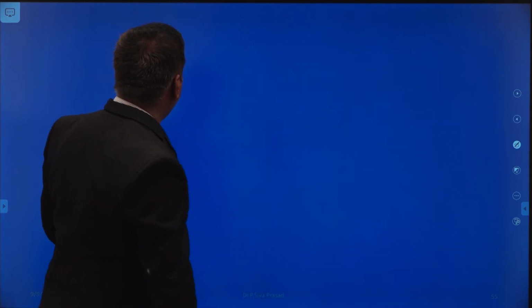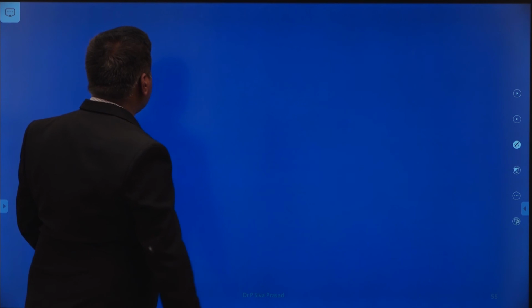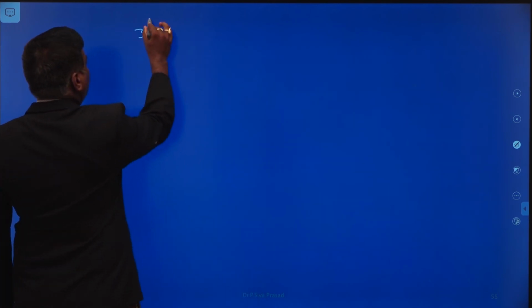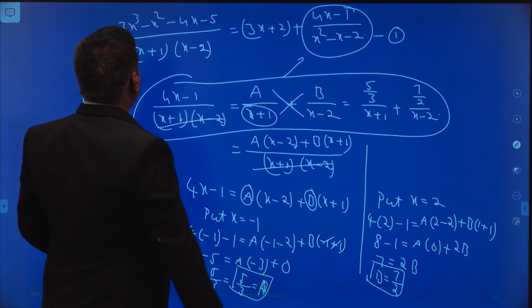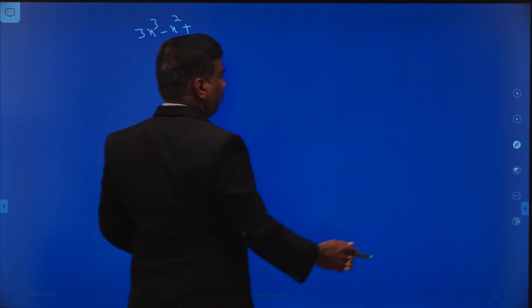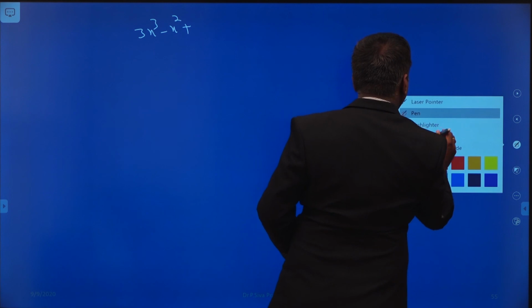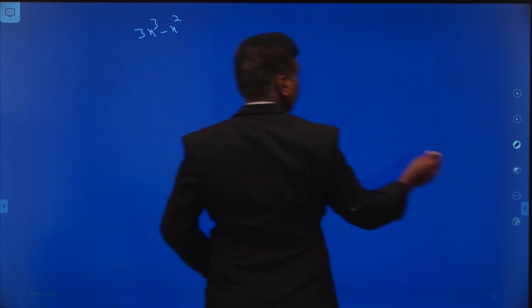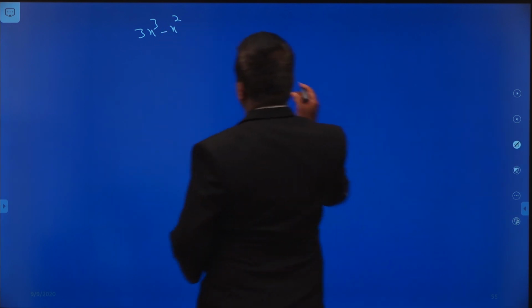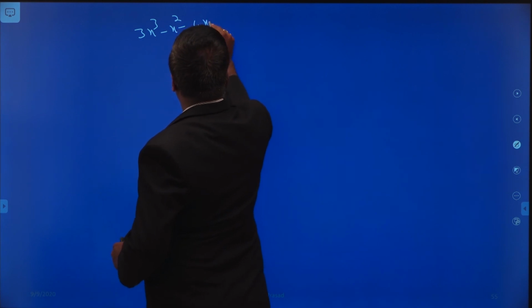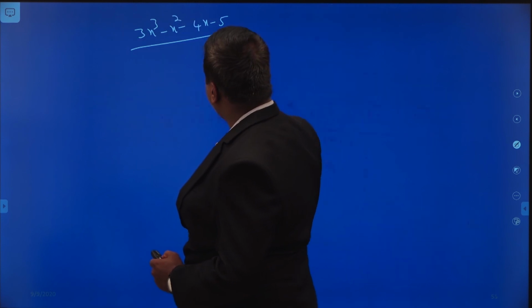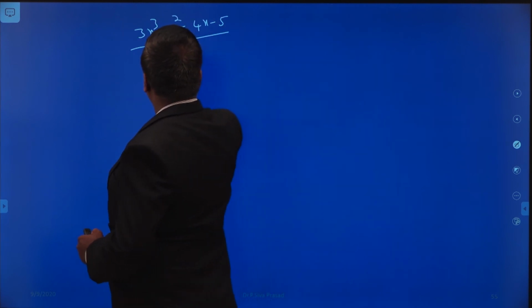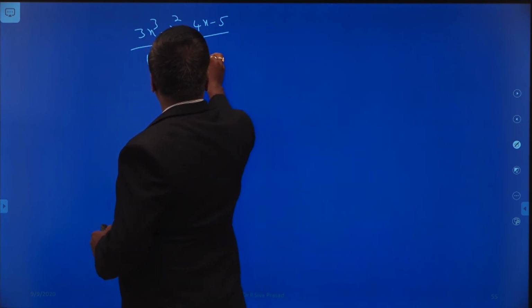The problem was 3x cube minus x square minus 4x minus 5 by x plus 1 into x minus 2.